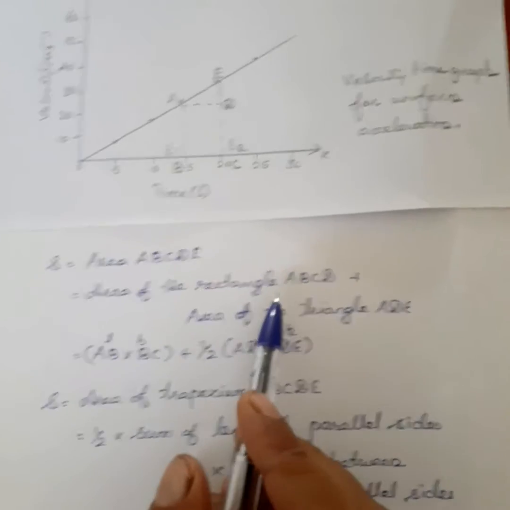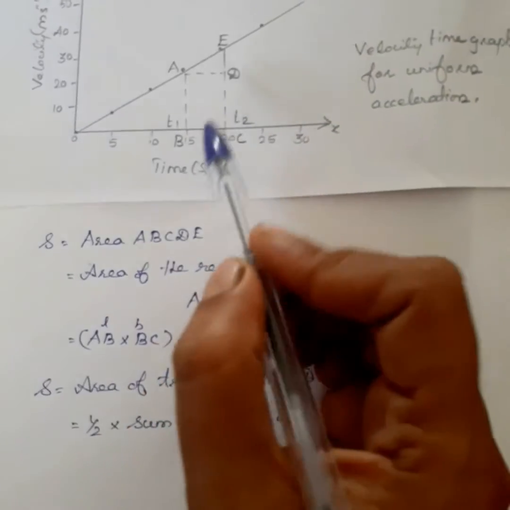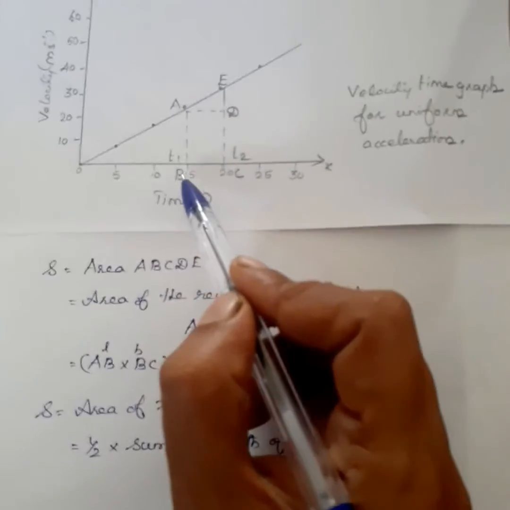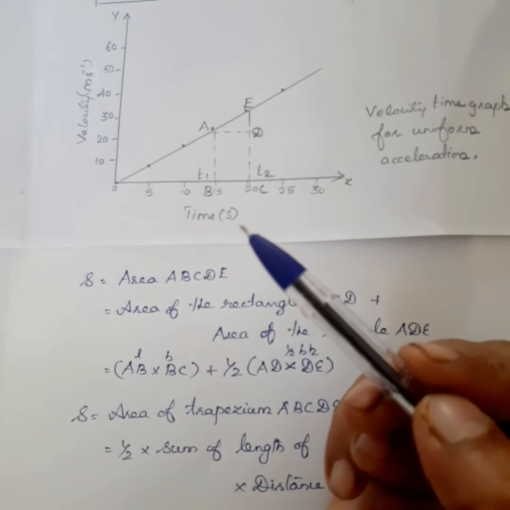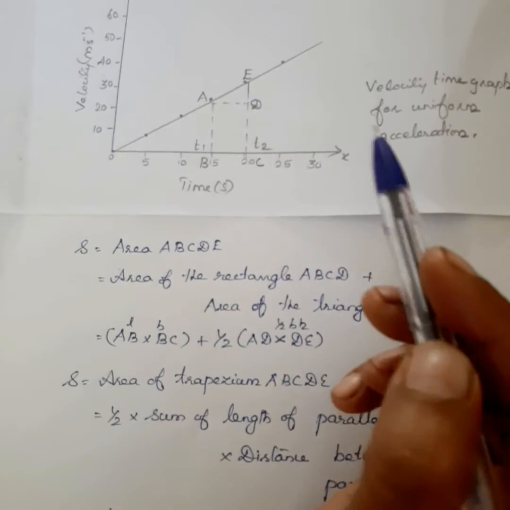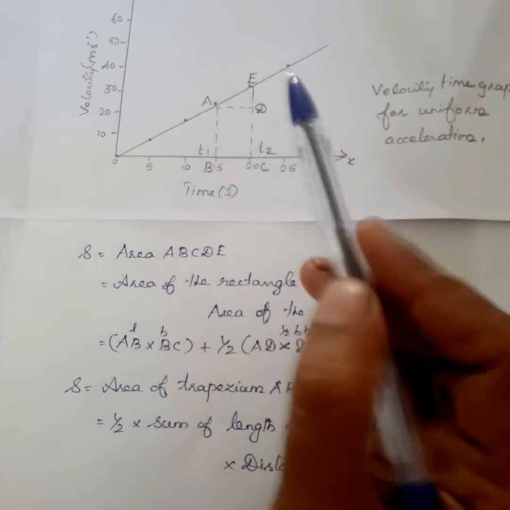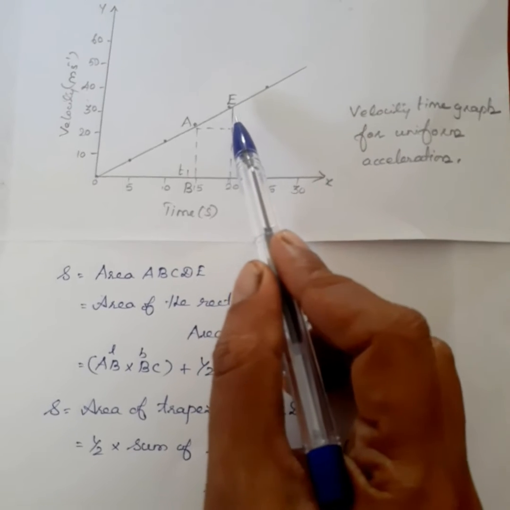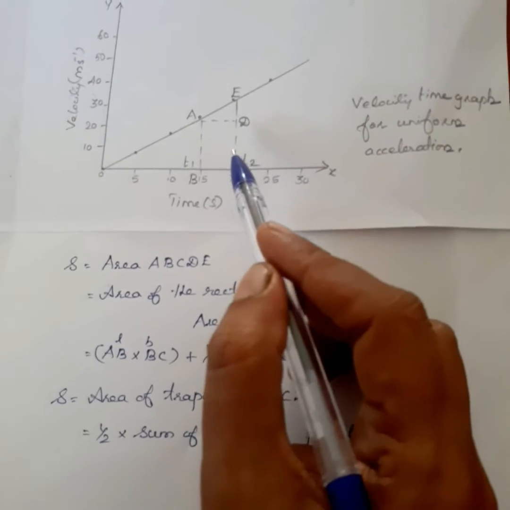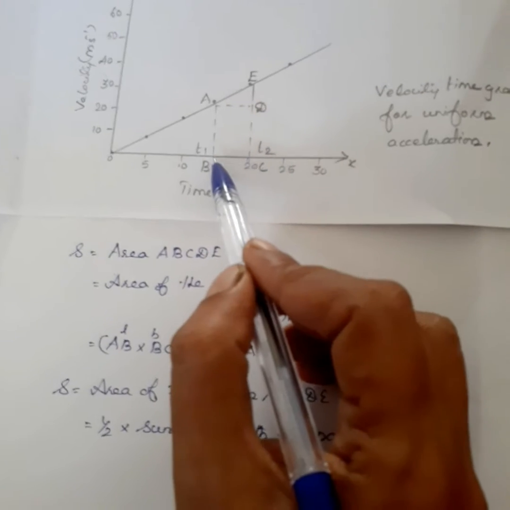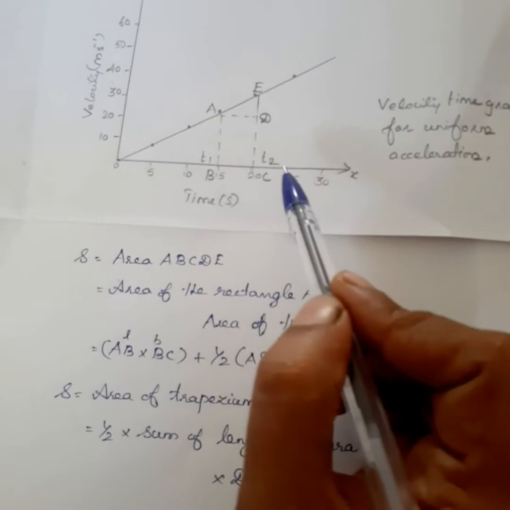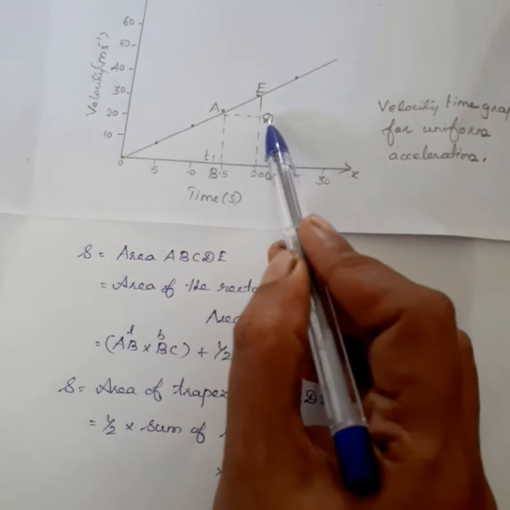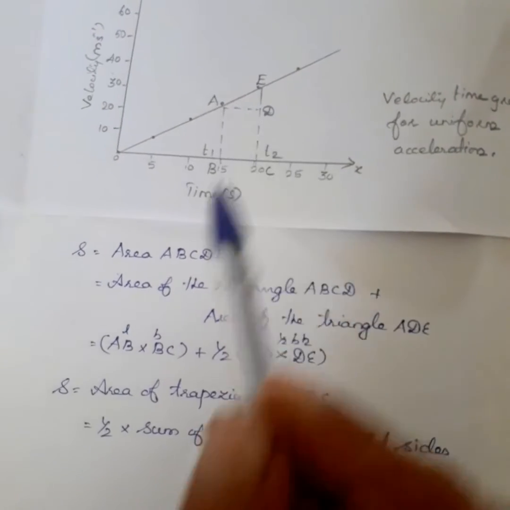So, area of rectangle ABCD equals AB into BC, plus area of triangle, formula half into base into height, so area of triangle ADE equals half into AD into DE. So, S is equal to distance.